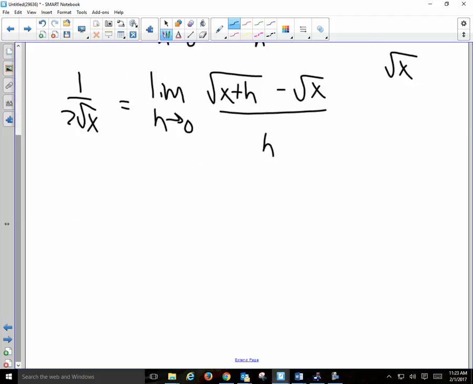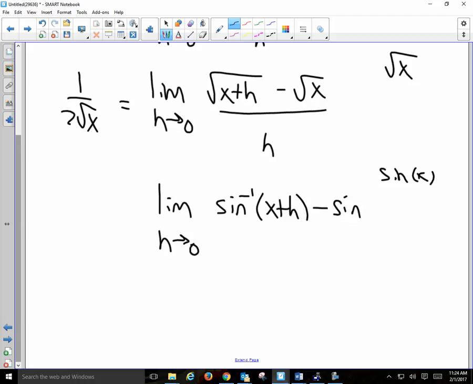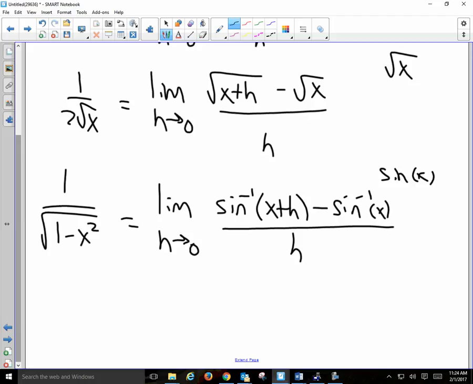What about arc sine of x? The limit as h goes to 0 of arc sine of x plus h minus arc sine of x, all over h, is equal to, do you remember what it is? 1 over the root of 1 minus x squared.